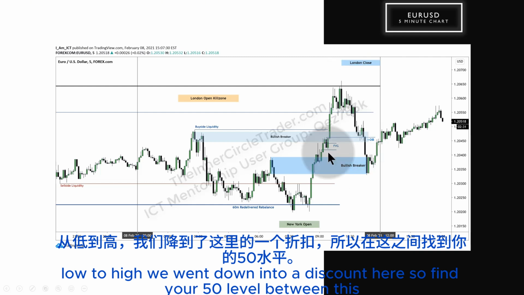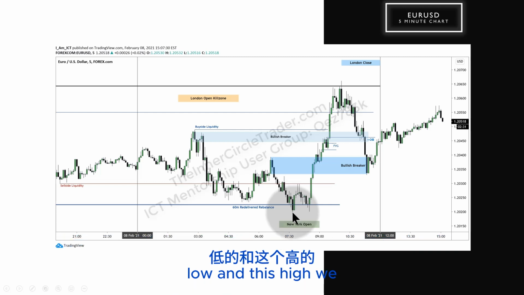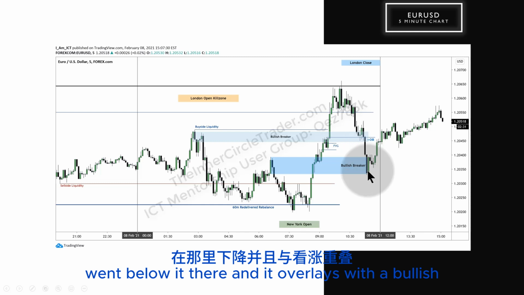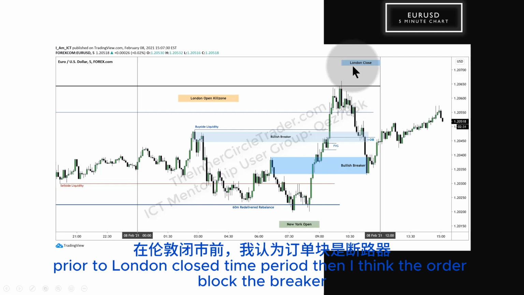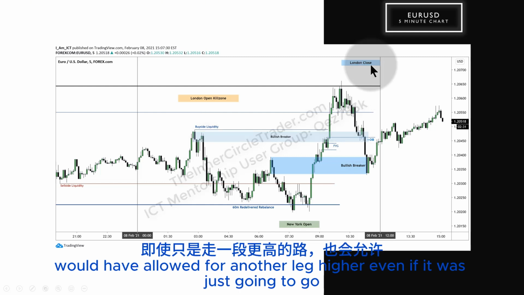So find your 50 level between this low and this high. We went below it there, and it overlaps with a bullish breaker. Whereas if you see it up here, if this would have traded back down into it prior to the London close time period, then I think the order block, the breaker, would have allowed for another leg higher.